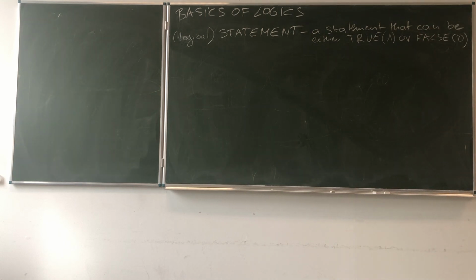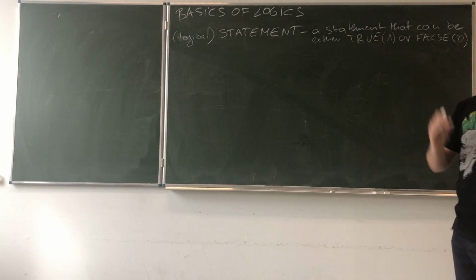So look, in other words, a statement is the type of sentence where we can assign a logical value 1 or 0. So it means that this statement will be either true or false.